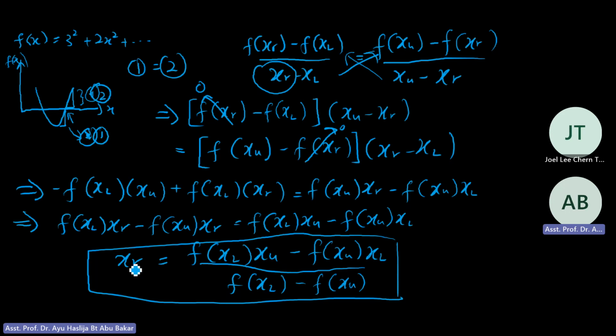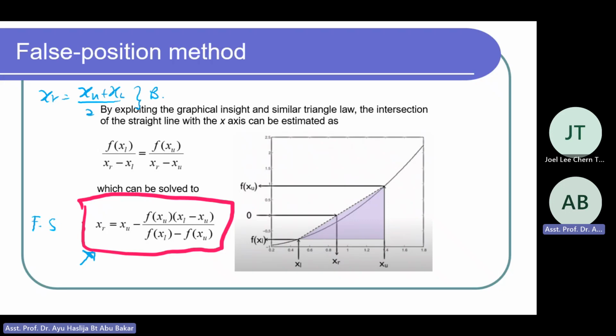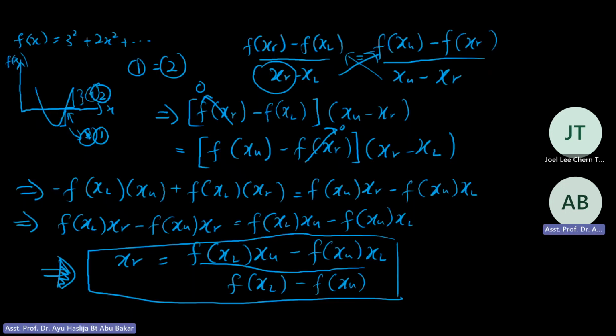This one I show you how they derive from the assumption to get the final XR equation. Okay, so basically this XR and the equation from the slide over here is similar. It's just the rearrangement. If you get the same denominator, then rearrange, you will still get this equation.